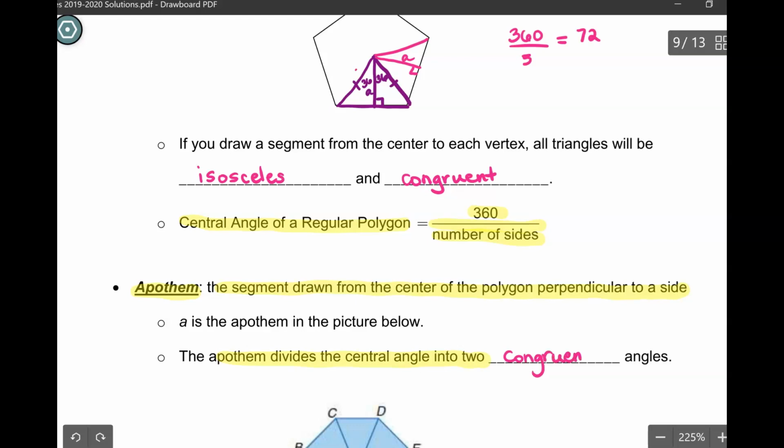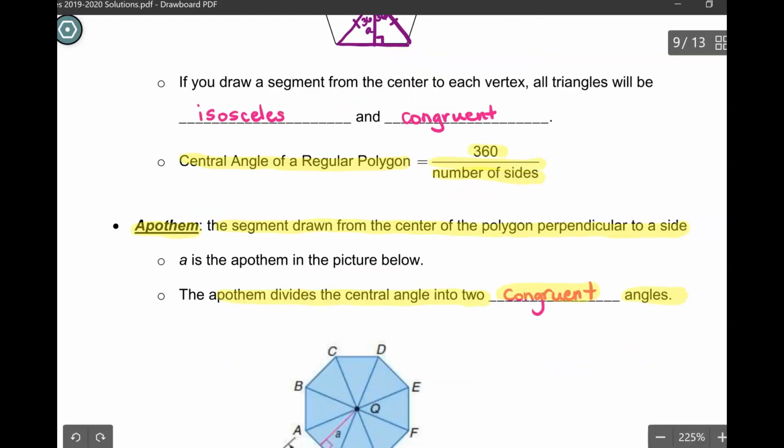Like we saw above, when it was 72 degrees, it split it into 36 and 36. And then, since we have a right triangle, we can do some trigonometry if we only have one measure. With a regular polygon, we might only have one tiny piece of information, and we have to use either SOHCAHTOA or special right triangles to find the area of the entire thing.